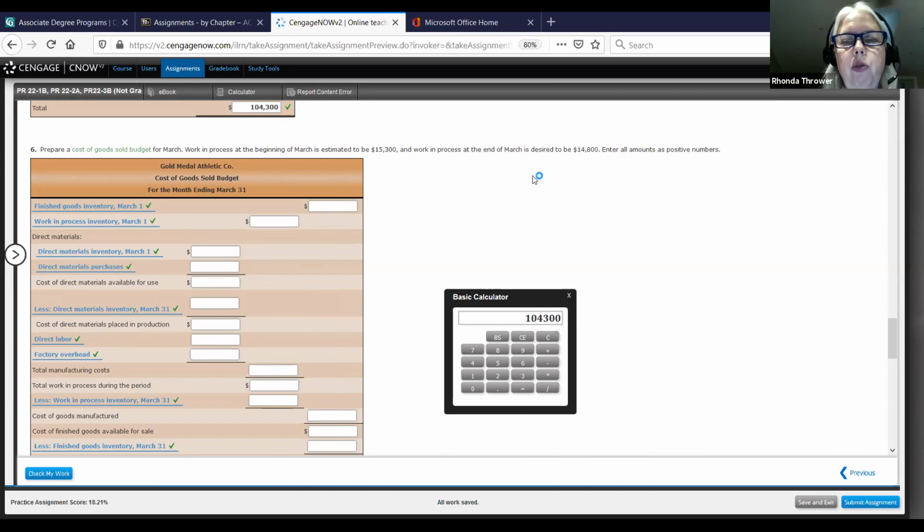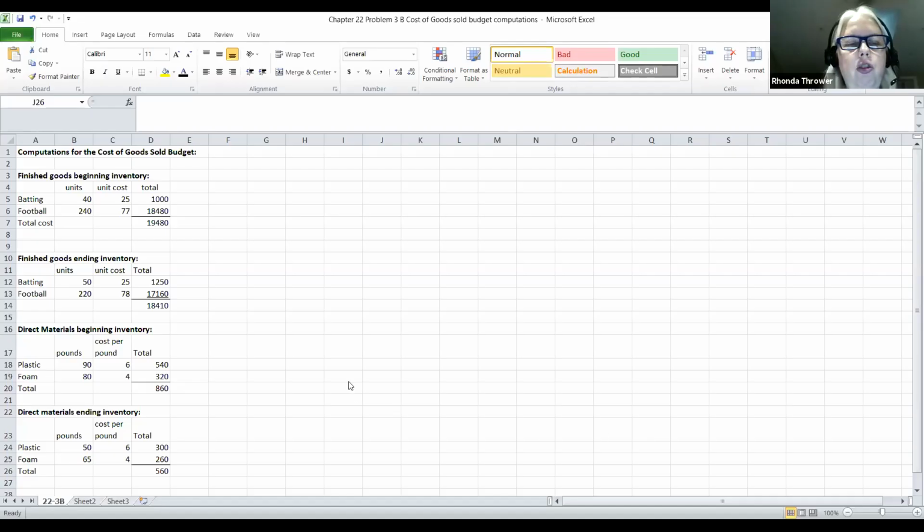So I'm going to stop sharing this with you and I'm going to go to my Excel spreadsheet that I've created to show you how to get to the information that you need. So here are my computations for the cost of goods sold budget.